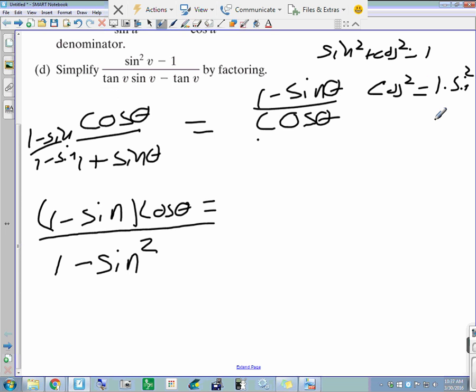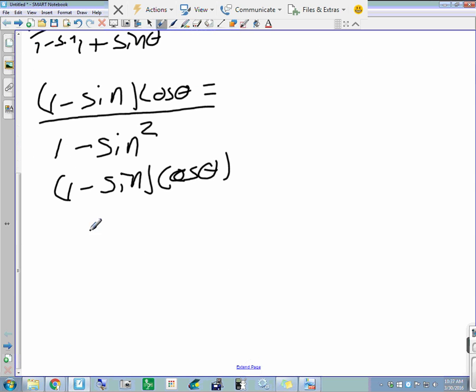So you might want to manipulate that in your notes so that you can have what cosine is equal to, what sine is equal to, because now I can rewrite this as 1 minus sine multiplied by cosine theta over cosine squared theta.